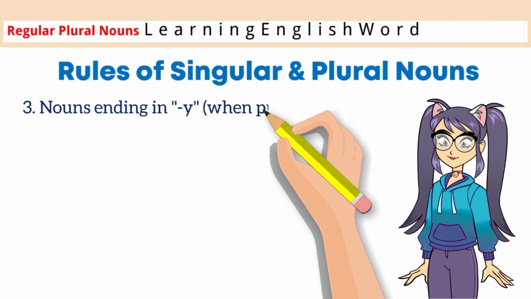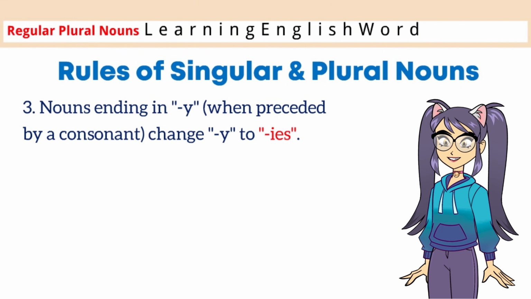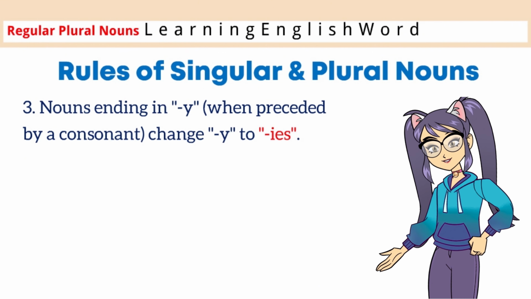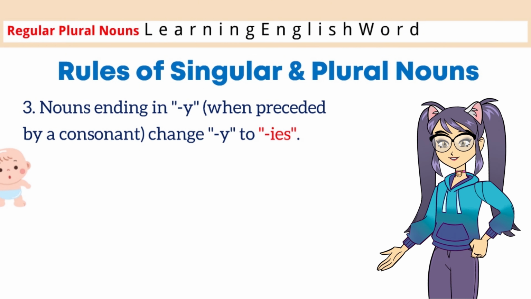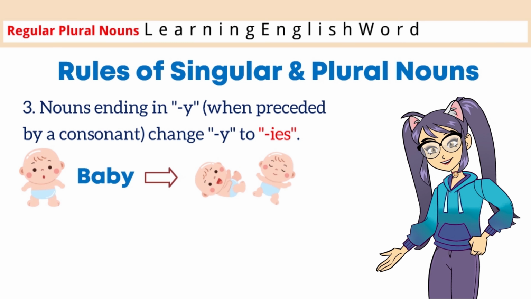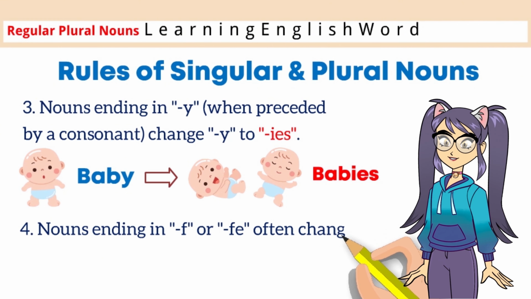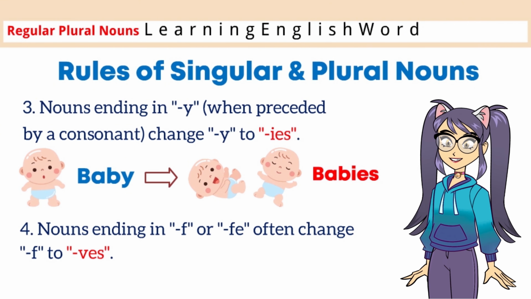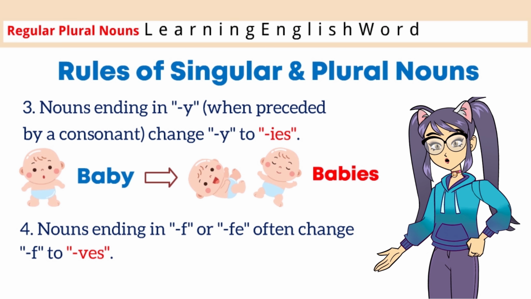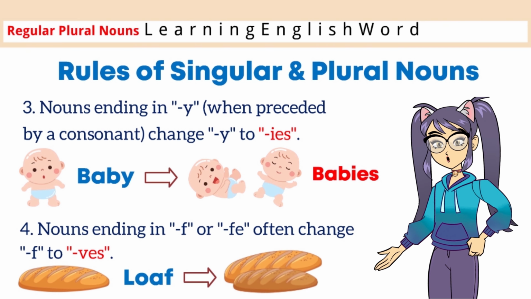Nouns ending in y when preceded by a consonant change y to ies, like the plural of baby is babies. 4. Nouns ending in f or fe often change f to vs, like the plural of loaf is loaves.